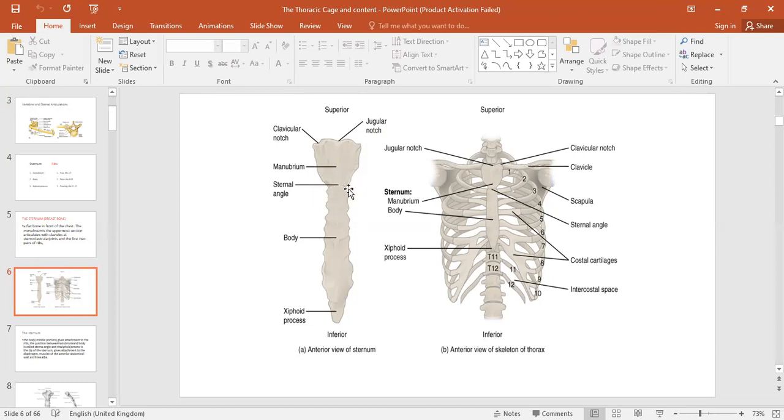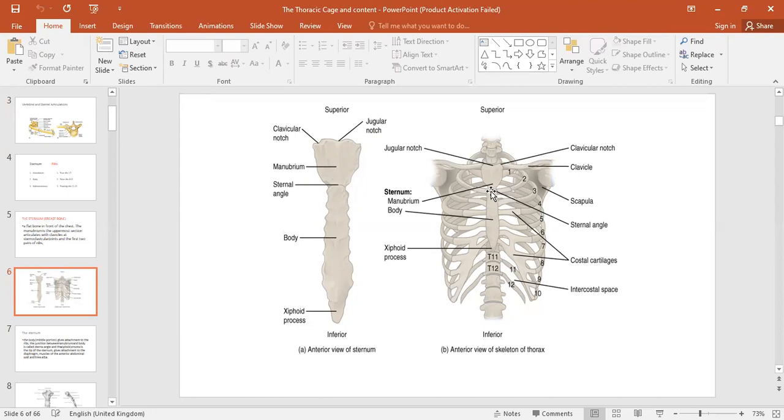Just lateral to it you see depressions, which are facets for attachment of the second rib. If you're counting ribs, rib 1 is very difficult to palpate, but you can locate rib 2 just by identifying the manubriosternal joint, because lateral to it is the second rib on either side.